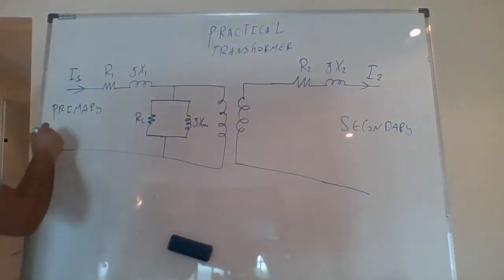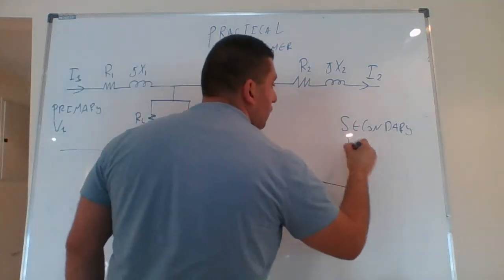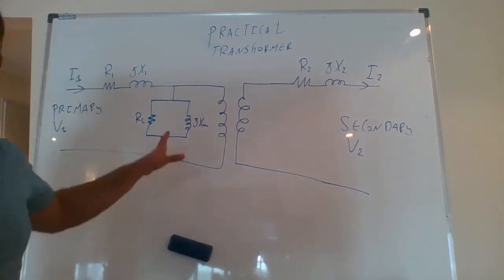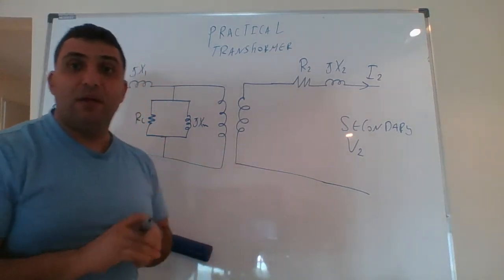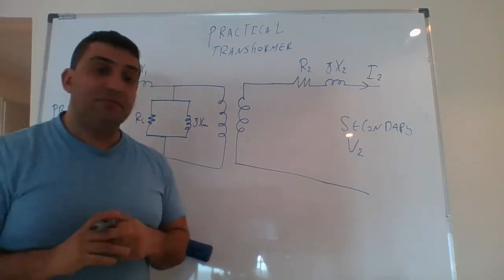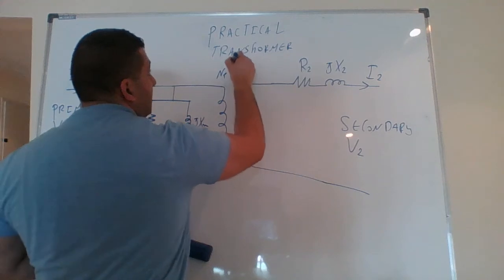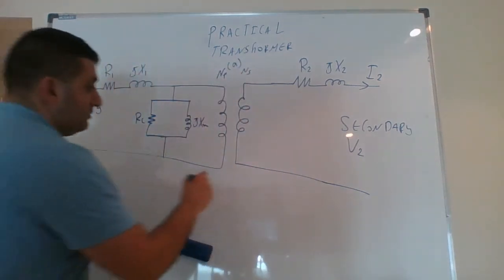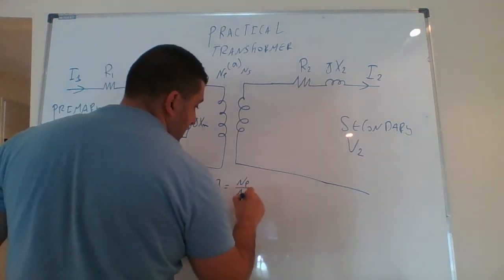This will be V1 or V primary. This will be V2 or V secondary. So now I have a circuit where I can perform normal circuit analysis. One more element: remember this A, which is N primary over N secondary. A is equal to N primary divided by N secondary.